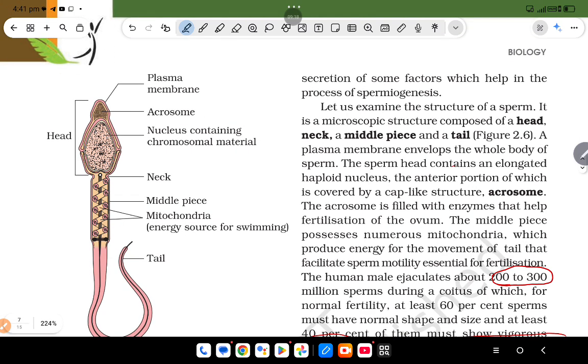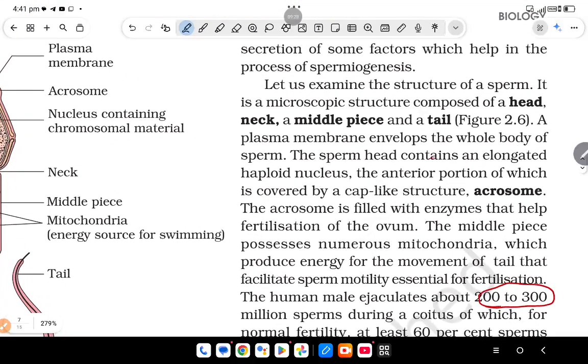A sperm is divided into head, neck, middle piece, and tail, and the plasma membrane envelops the whole body of the sperm. The sperm head contains an elongated haploid nucleus, the anterior portion of which is covered by a cap-like acrosome.